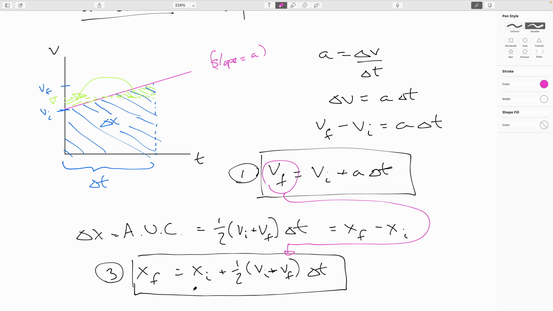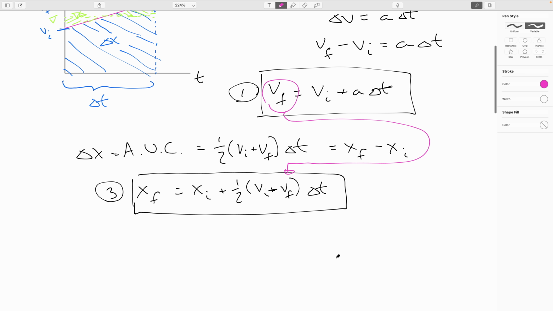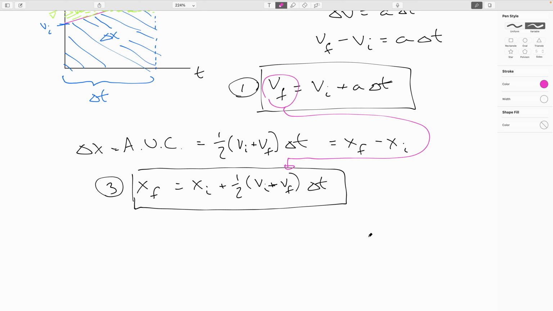This equation doesn't have an acceleration in it. If I substitute the velocity here, I'll make an equation that doesn't have the final velocity in it, which is where we're going with that. So making that substitution, I'll have x final equals x initial plus 1/2 times v initial, and then substituting for the v final, I'll have another v initial plus a delta t, and then I have to times all that by delta t.